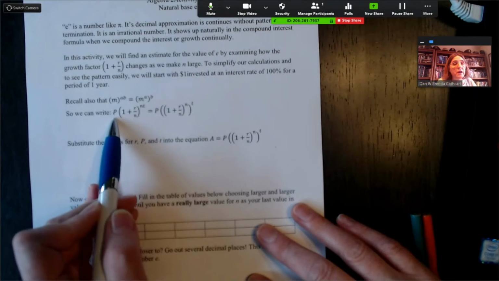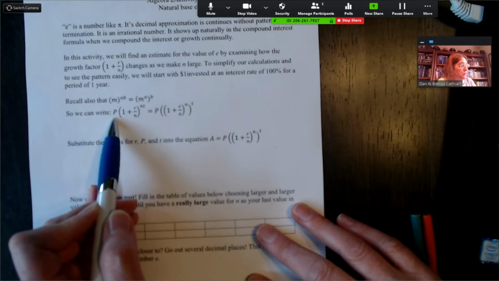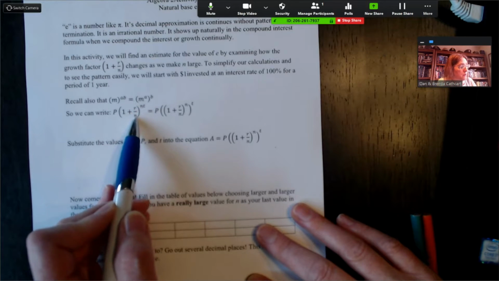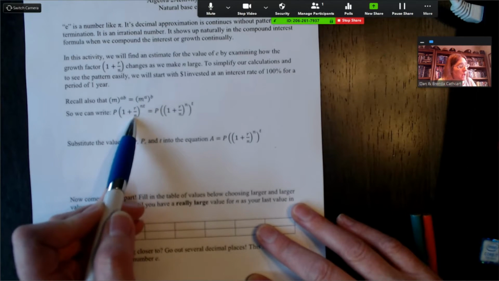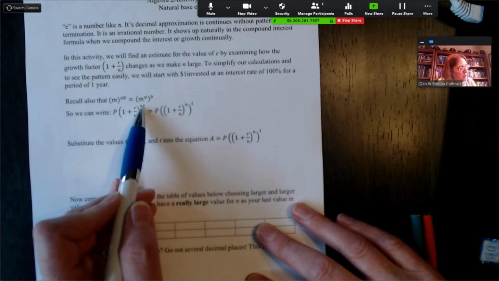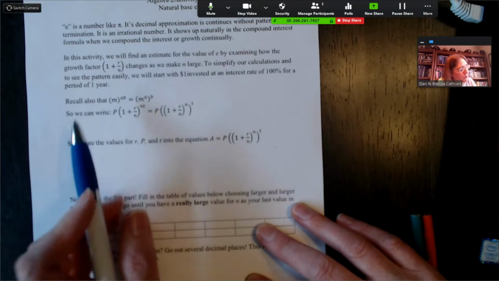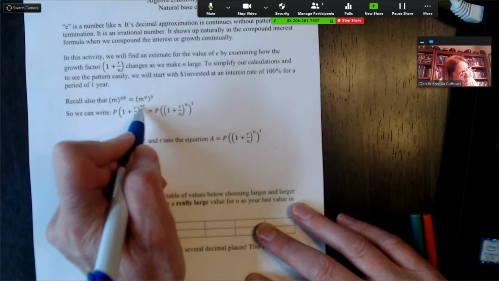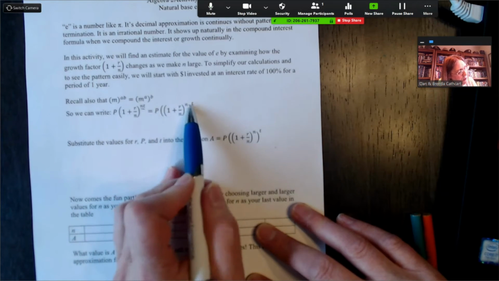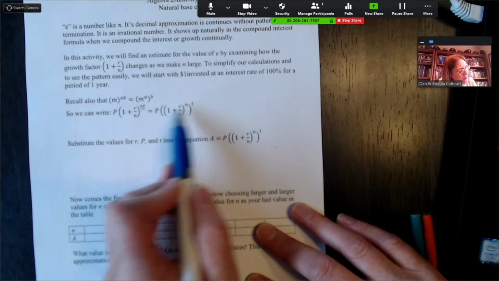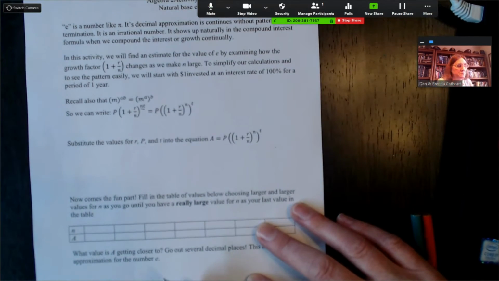Our compound interest formula is P, principal, times the quantity 1 plus r divided by n, where r is the interest rate and n is the number of times each year that the interest is compounded, to the power of n times t, where t is the number of years. It can be rewritten when we split these exponents as P times the quantity 1 plus r over n to the n, and that quantity raised to the power of t.